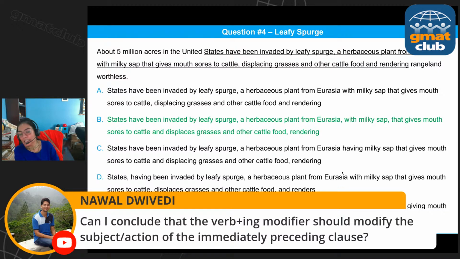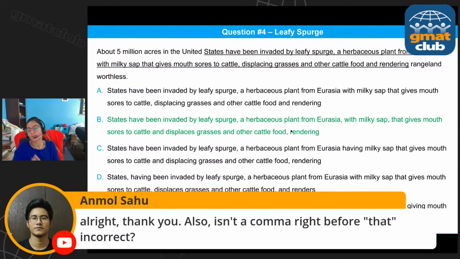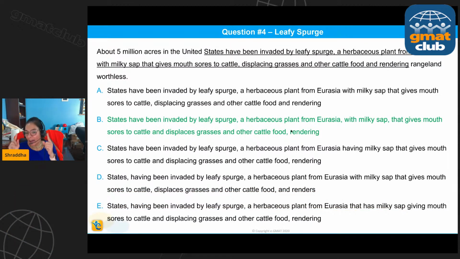Basically, the commas allow that to jump over and do a little far away noun modification. Anmol, the comma before that is not for that. We have two commas which enclose with milky sap. So in choice B, if we remove with milky sap from the sentence, we will remove those two commas also.